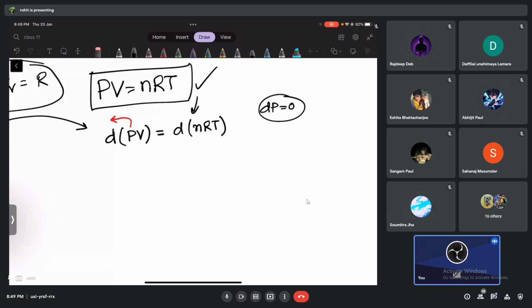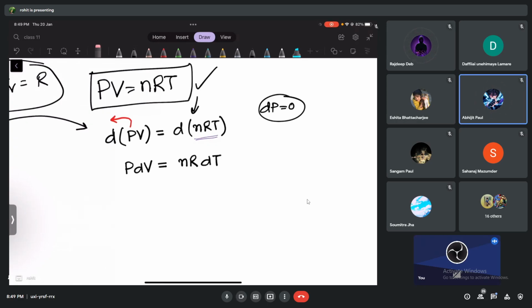So what do I get here, guys? Pressure will be out of this. I don't need to calculate the change of pressure. I just need to calculate the change of volume. Look at this and tell me, what are the things constant here? n, R. nR directly comes out. I simply can write nR dT.